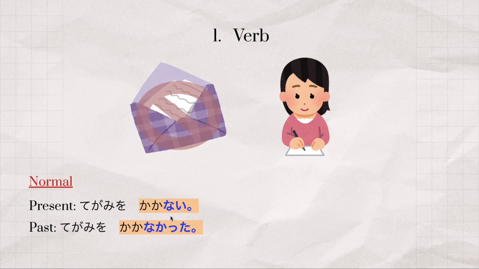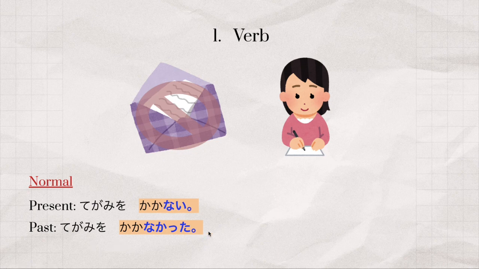Past tense would be 手紙を書かなかった. So the present tense says I'm not writing the letter. And then the past tense says I did not write the letter.